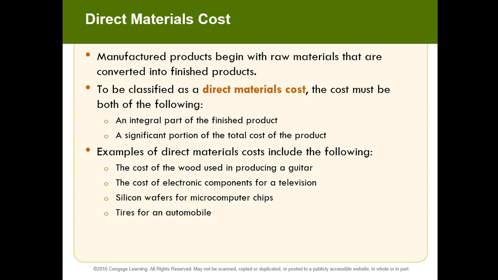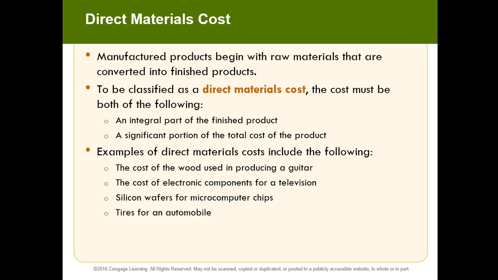All right, so direct materials, they start with raw materials. Again, when you think back to your merchandising companies, they have one type of inventory, right? It's already ready to go. They purchase it, slap a price tag on it, and throw it out on their sales room floor.